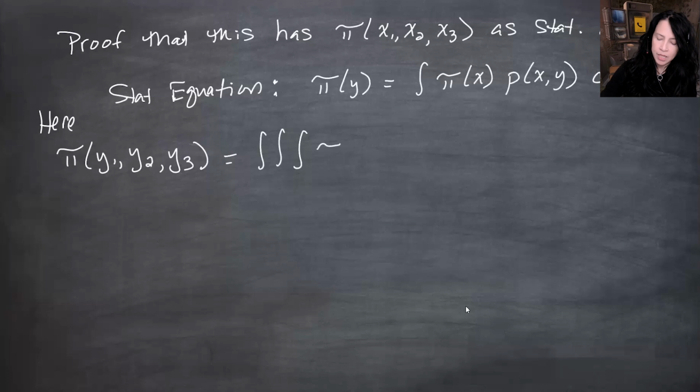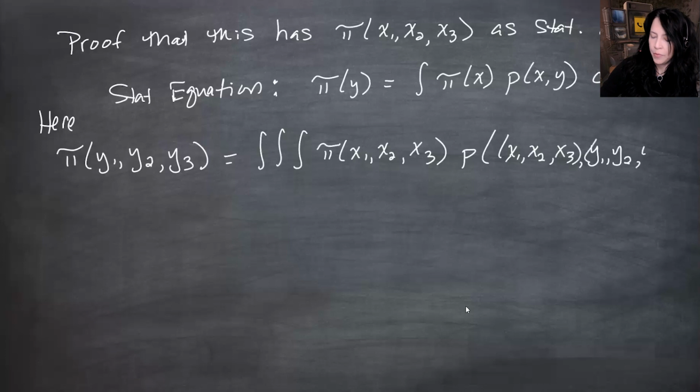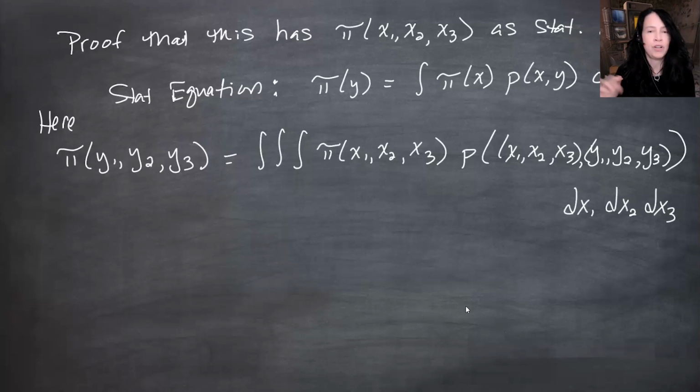So this needs to be pi of x1, x2, x3, and then a p taking us from x1, x2, x3 to y1, y2, y3, integrated with respect to x1, x2, and x3, and those integrals should be over the entire state space. So I want to show that this holds.